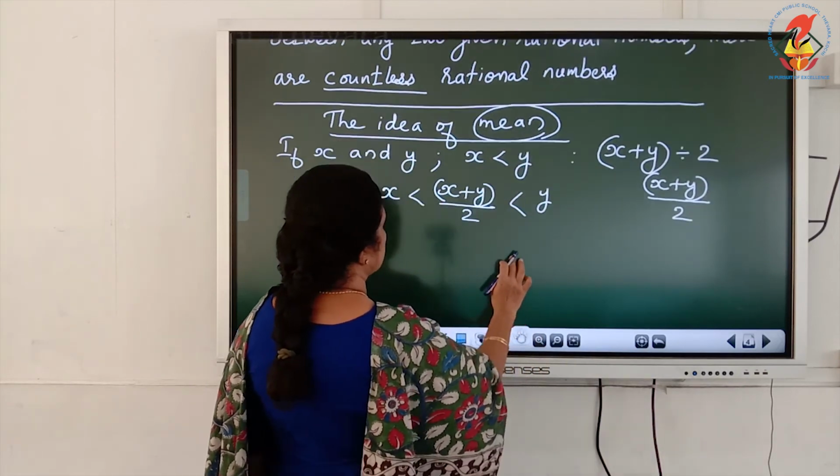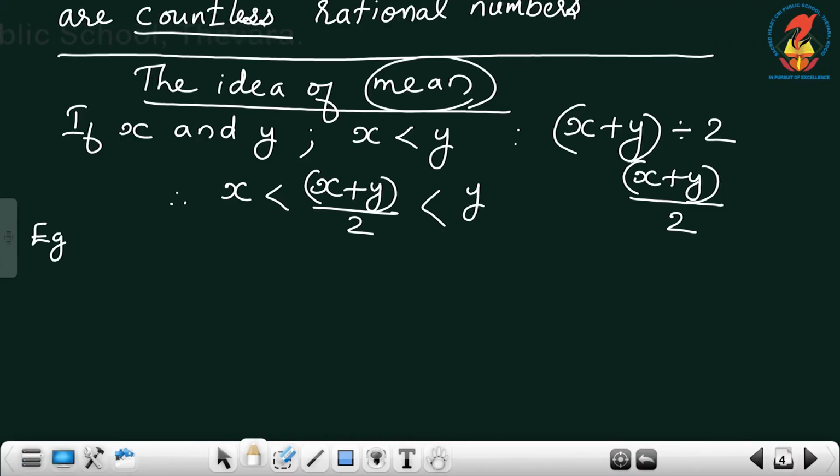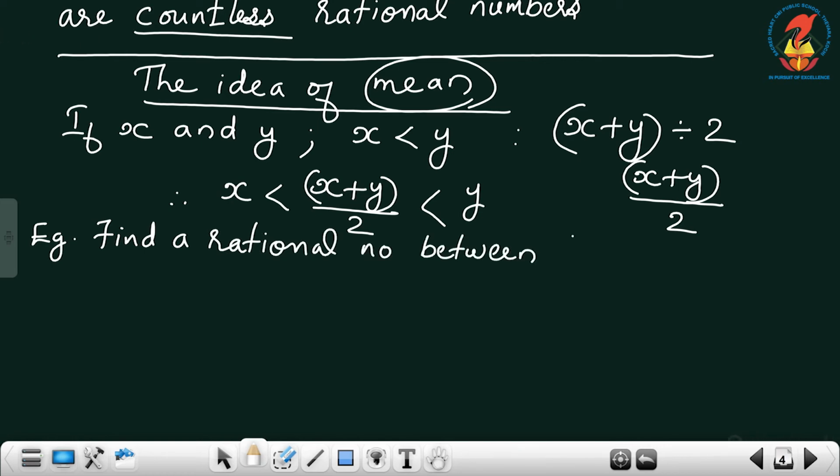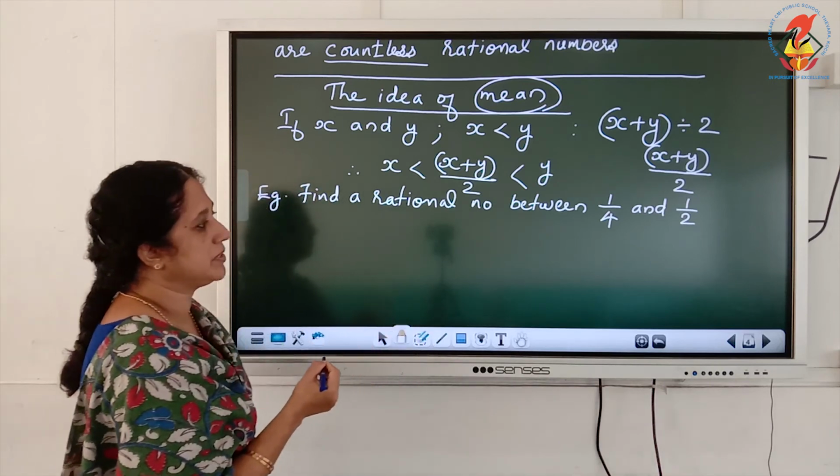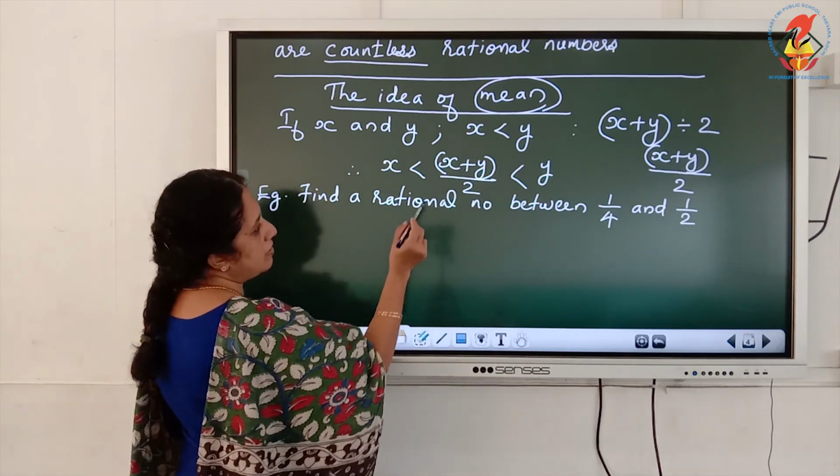I will show you one example. Find a rational number between 1 by 4 and 1 by 2. First what we have to do?